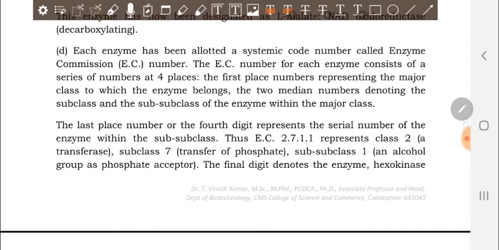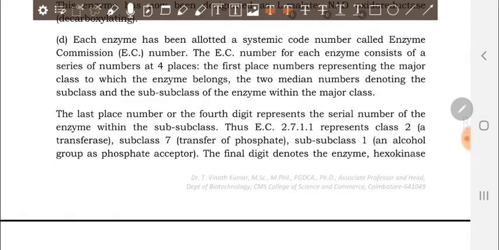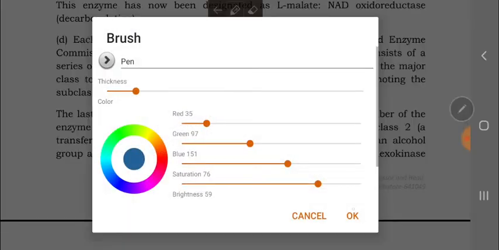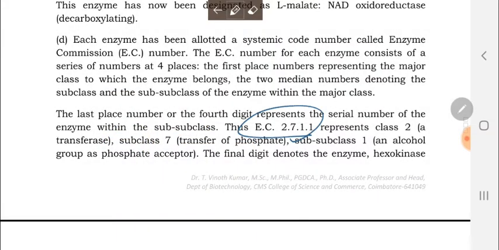Coming to nomenclature, this is naming the enzyme. Enzyme nomenclature is based on the EC, the Enzyme Commission number, which has 4 digits. For example, EC 2.7.1.1.